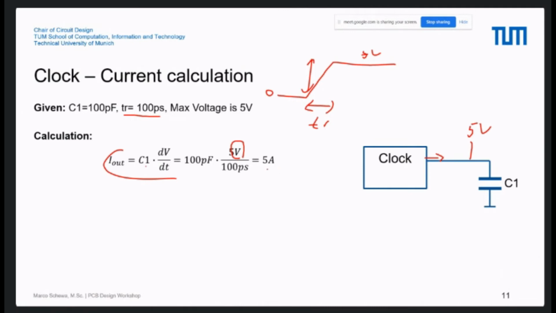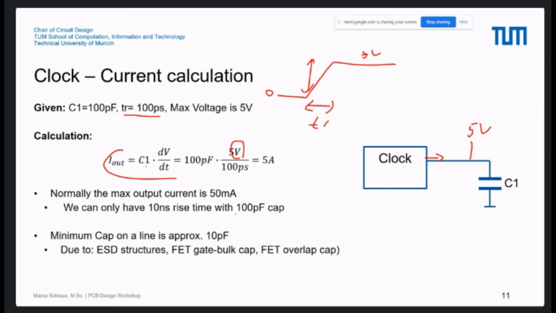So that's a lot. Normally microcontrollers give only 50 milliampere. This is very often used. So for 50 milliampere, you can only have 10 nanoseconds rise time. That means you have a limited bandwidth.